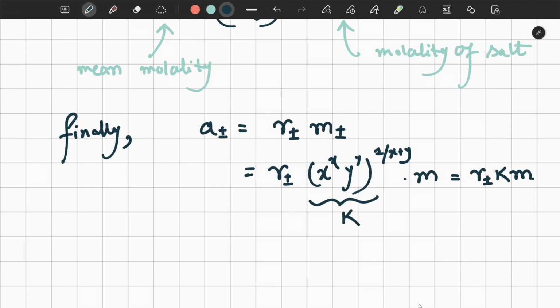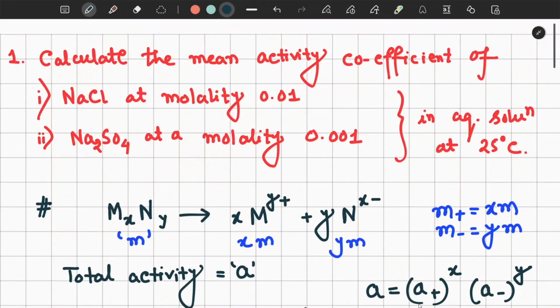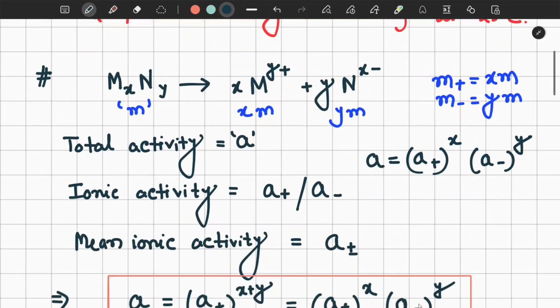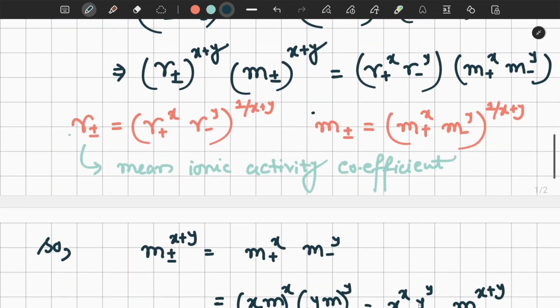Now, in this question, what was asked? The mean activity coefficient was asked. Mean means mean ionic activity coefficient. What is the mean ionic activity coefficient? That is this gamma plus minus that we have to calculate. So how can we calculate that mean ionic activity coefficient? For calculating it, we have to use the Debye-Hückel limiting law.